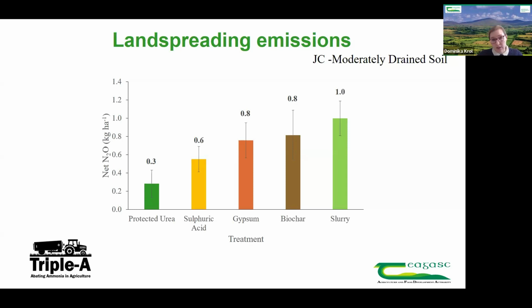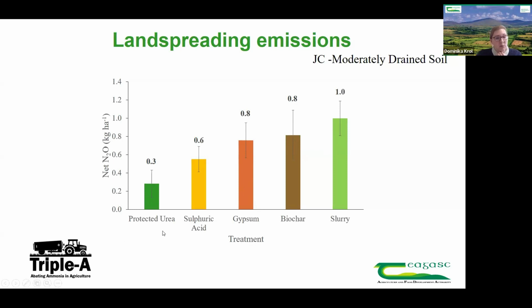However, we didn't see that. We had relatively low emissions from land spreading, and untreated slurry emissions were the highest compared to the other treatments. Biochar, gypsum, and sulfuric acid were all lower than slurry.